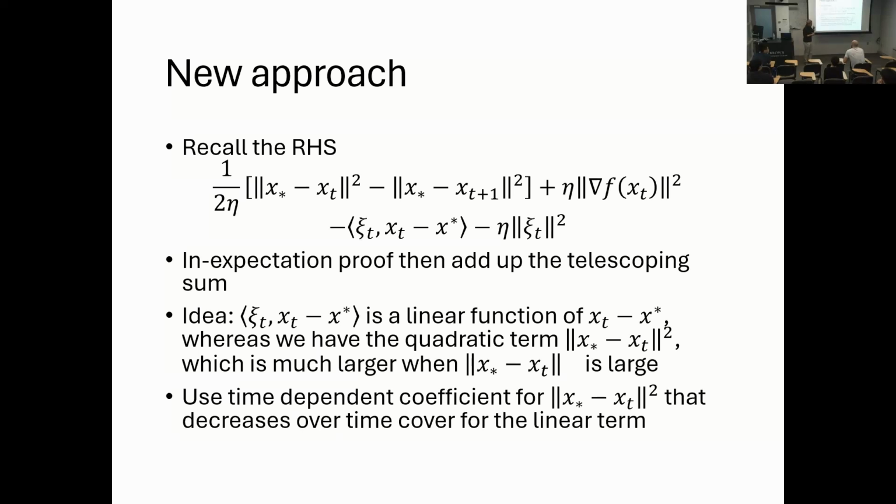The coefficient will go down slightly over time, and we just need to make sure that initially we have enough of the quadratic term so that we lose a little bit every time, but we have enough at the end so that the change in the quadratic term is not too much, and that will be sufficient as well.